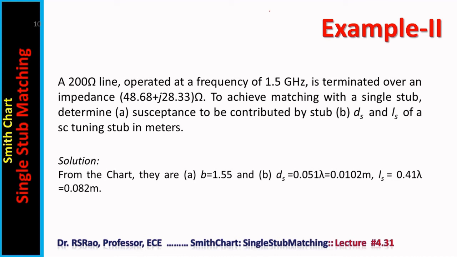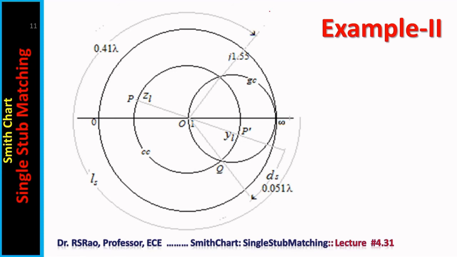How have these values come into being? This aspect we now consider from the Smith chart. First, one has to find the normalized load impedance ZL. Then we have to locate it over the Smith chart. It gives point P. Through P, one has to draw the constant SWR circle, that is CC. Over CC, diametrically opposite to P, we have to locate another point, that is P prime.